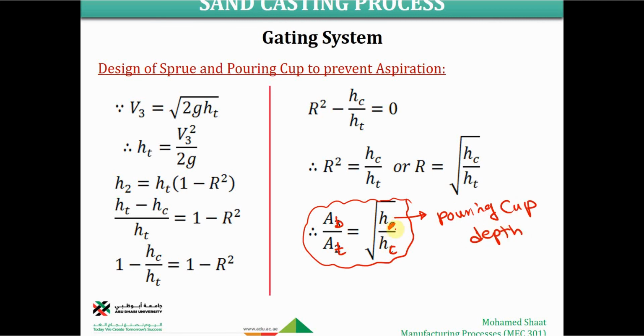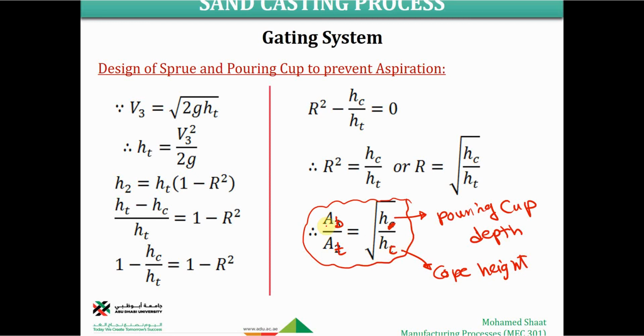Within the sand mold design, we didn't define hc, we just defined it as h, and we said that this is the pouring cup depth, and this is the cube height that we calculated during the flask dimensions calculation step.